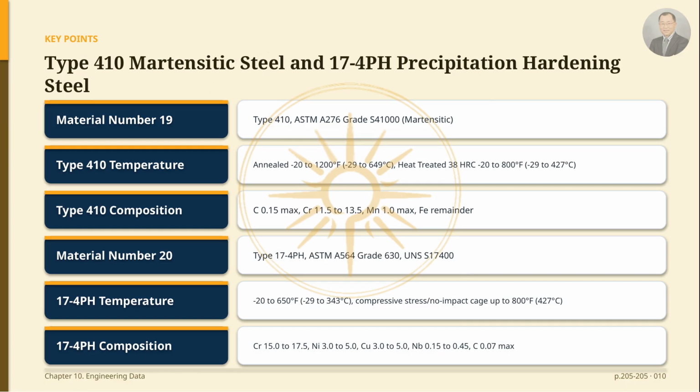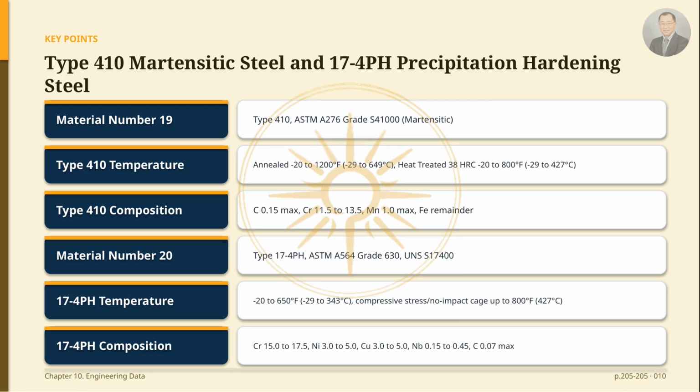In the annealed condition, it is minus 20 to 1,200 degrees Fahrenheit, or minus 29 to 649 degrees Celsius. When heat treated to 38 HRC, it is minus 20 to 800 degrees Fahrenheit, or minus 29 to 427 degrees Celsius. The composition is 0.15% carbon max, 11.5 to 13.5% chromium, 1% manganese max, and the remainder is iron.